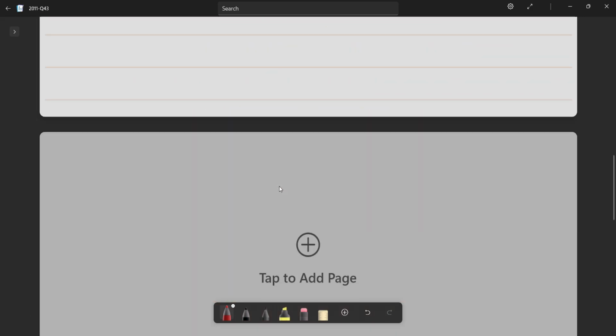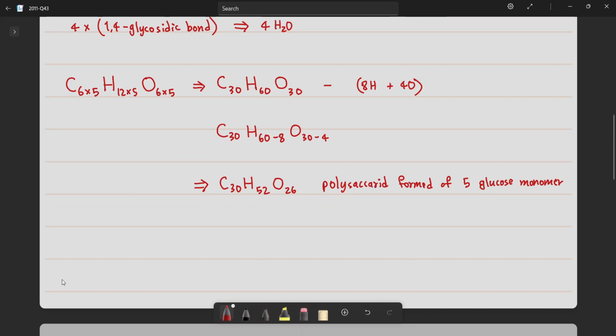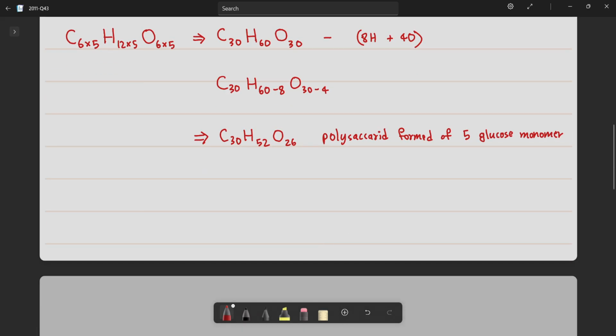For more context, I can draw the structure of the polysaccharide, how it looks. So this is the structure of the polysaccharide in real life. This is oxygen. These are the glucose monomers I'm going to draw.